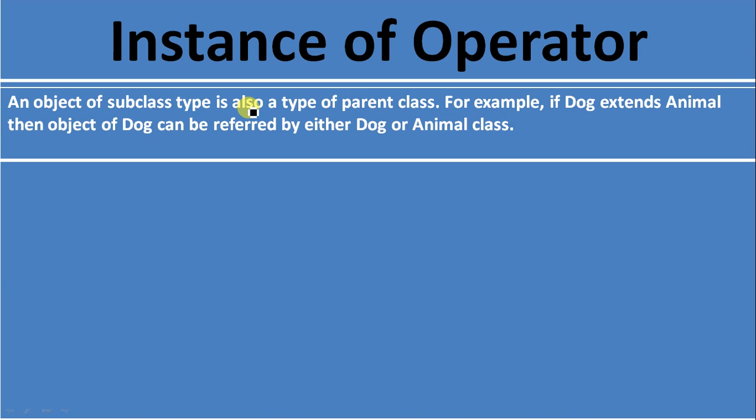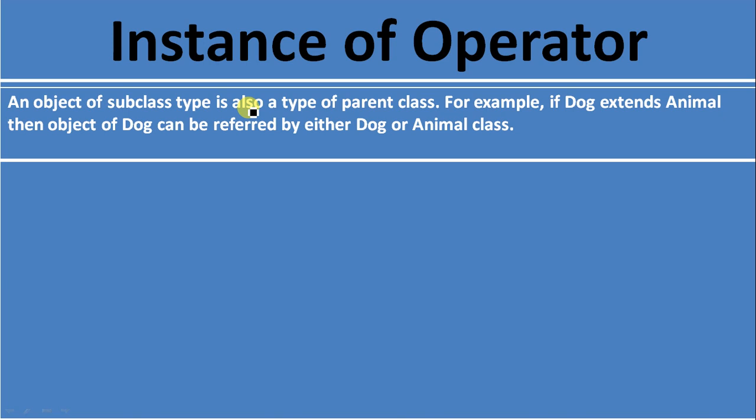A child class is one which inherits the properties from the parent class, like Animal. Animal is a parent class. If you say Dog, Dog is a child class, because in Animal all animals come, but the specific type is Dog. So Dog is a child class and Animal is a parent class. This kind of concept is called parent class and subclass.